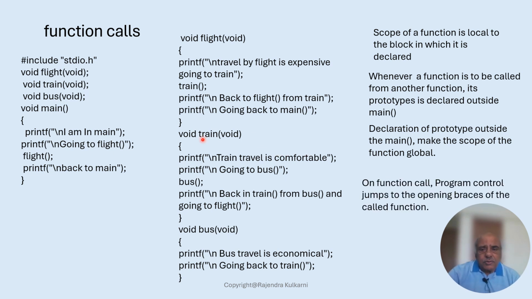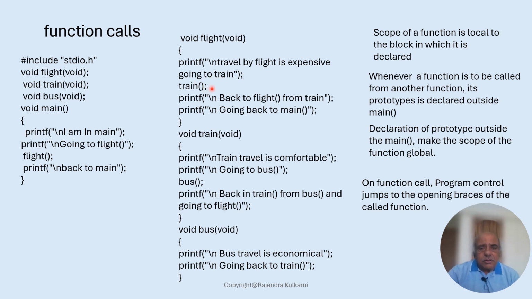What happens when a function call is encountered by the program? In this case, when the main function encounters a call to flight, the program control will go to the flight's opening brace and it will execute these printf statements.